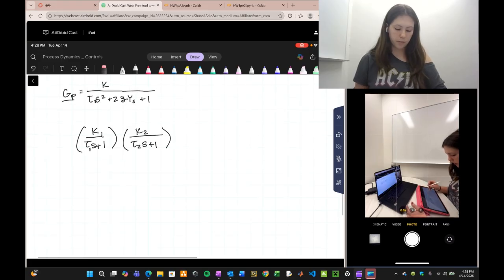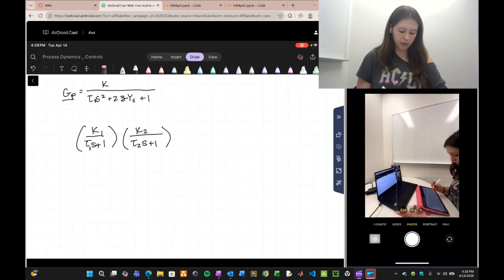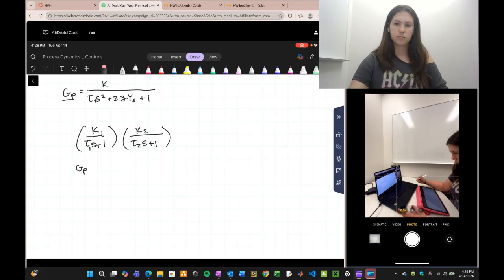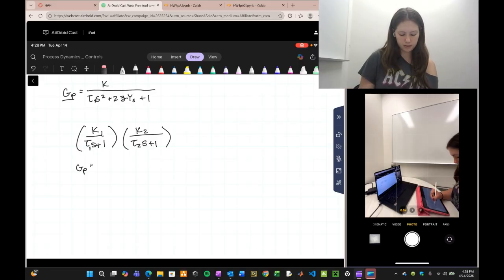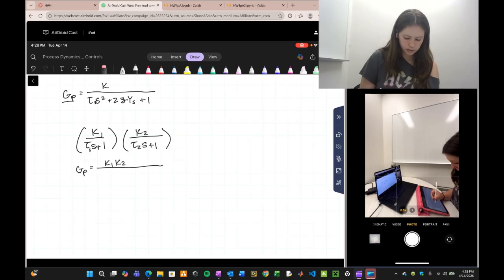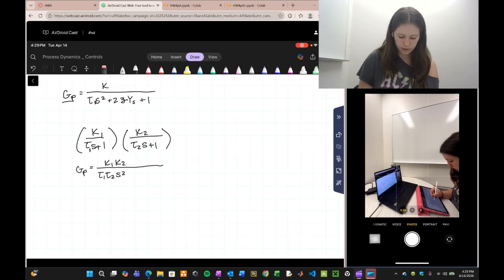So now if we were to combine this into one GP, we would get K1 K2 over tau 1 tau 2 s squared plus tau 1 plus tau 2 s, and then plus 1.